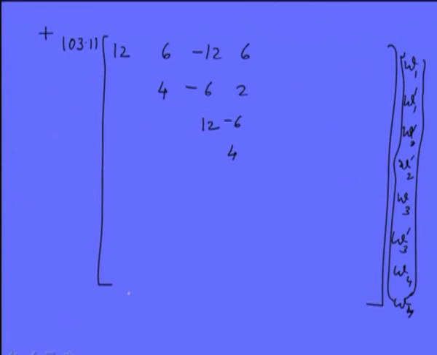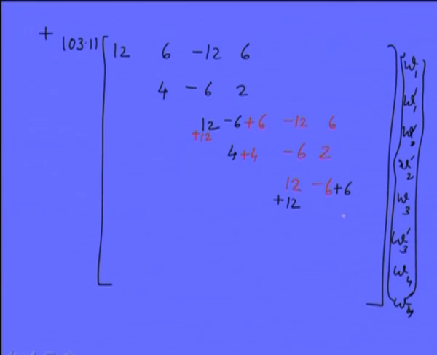For the second element we can use a different color. In this we will be adding 12 plus 12, minus 6 plus 6, 4 plus 4, minus 12. These are coming from the second element. Now for the third element, again we have 12 plus 12 plus 6.